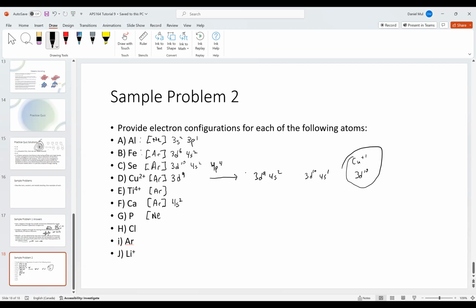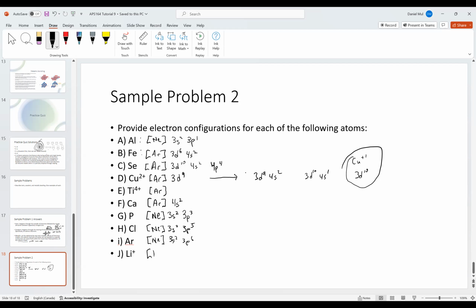Phosphorus: neon and then 3s2 and then 3p3. Chlorine: neon again, and then 3s2, and then 3p5. And then argon: neon and then 3s2 and 3p6.